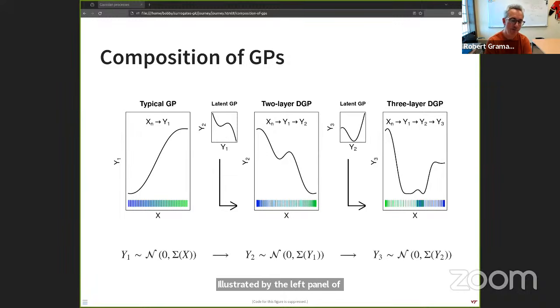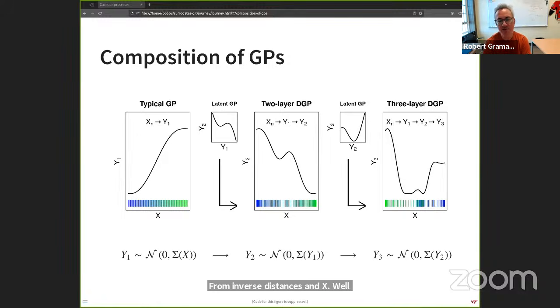I have outputs y, which is y1 in this panel, as a function of inputs x. And I can get those y's by drawing from a multivariate normal with a covariance structure formed from inverse distances in x.